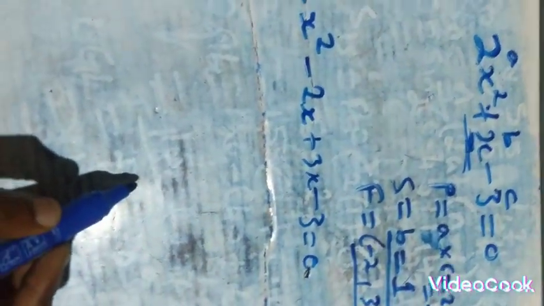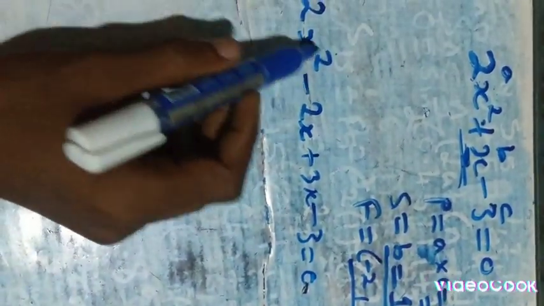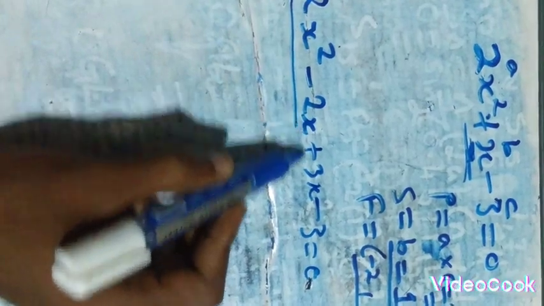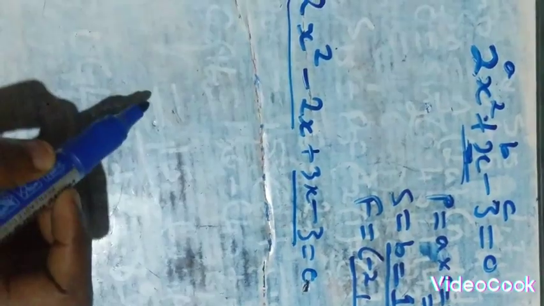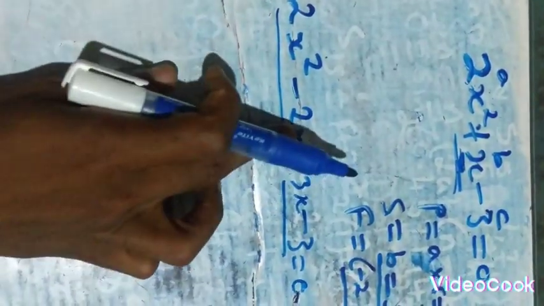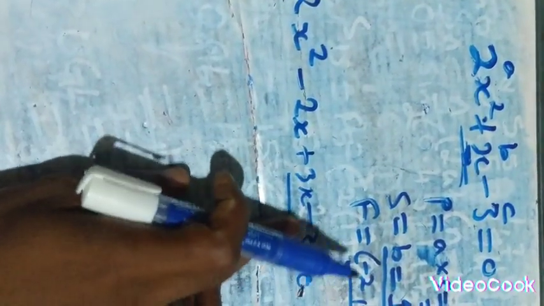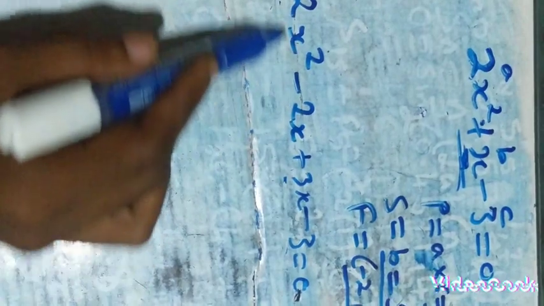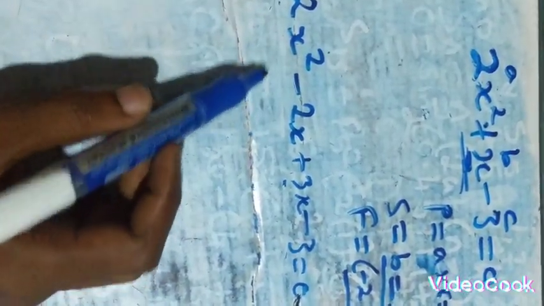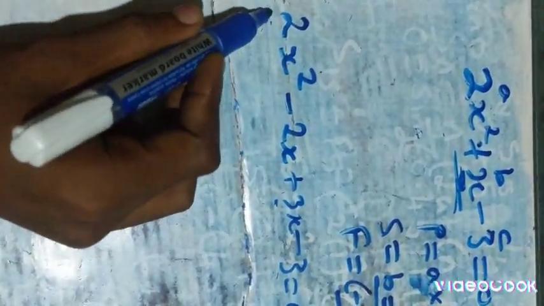Then when you reach here, you're factorizing using common factor. We are going to factorize first these two that are in front. What is common? You are going to find that 2x is the one that's common.